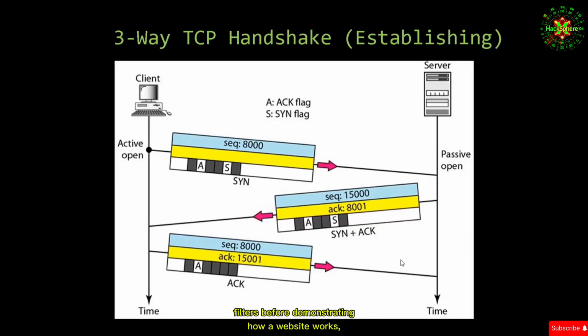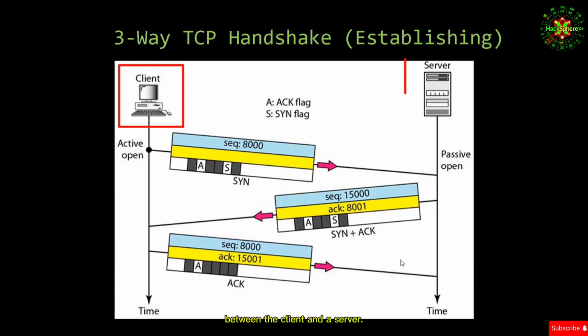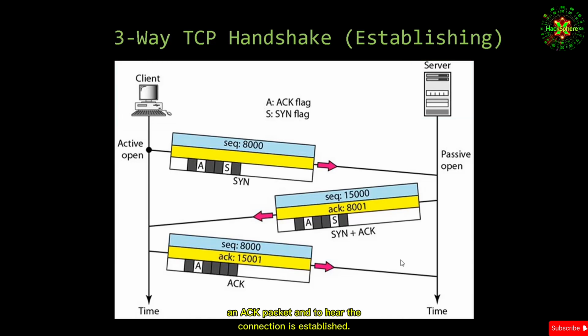So before demonstrating how Wireshark works, let's go back to basics and see how we establish a basic TCP connection. When there's communication between the client and a server, the client sends a SYN packet. The server replies back with a SYN-ACK packet. Then the client confirms back with an ACK packet, and here the connection is established.